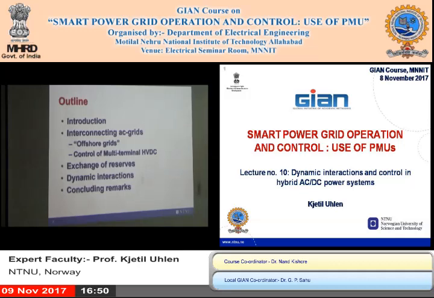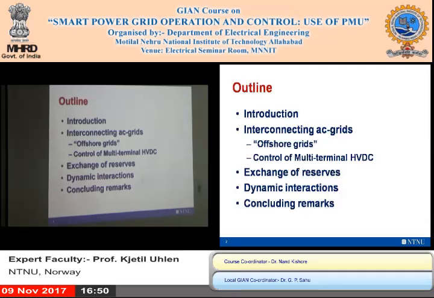The outline: an introduction to the area of interconnection of AC grids with DC. From my point of view, this is mostly related to offshore grids, but it may not be. It could also be in a country like India, which is a large country.